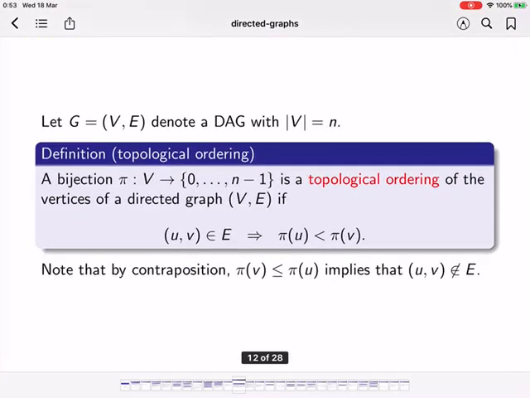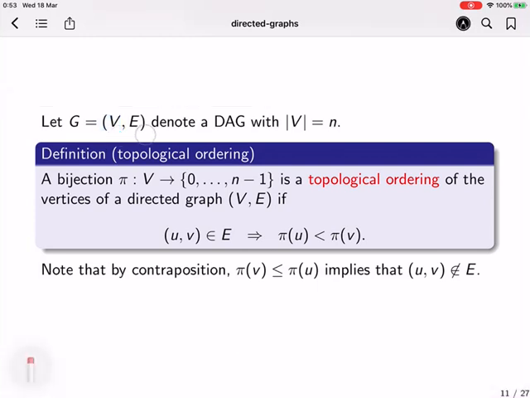Let G be equal to the pair V, E, and let G denote a graph with n vertices. A bijection π from V to the set 0, 1, 2, 3 up to n minus 1 is a topological ordering of the vertices of the directed graph if whenever (u, v) is an arc, then π(u) is less than π(v).